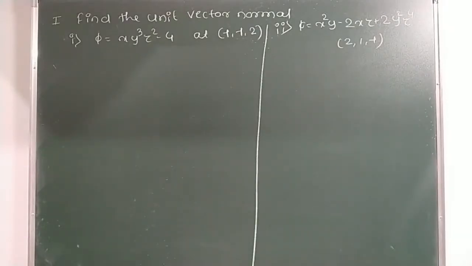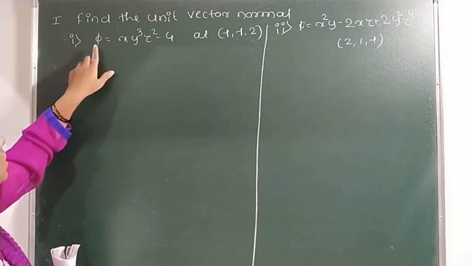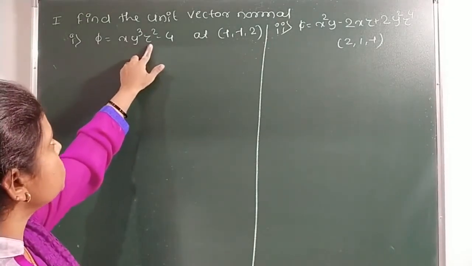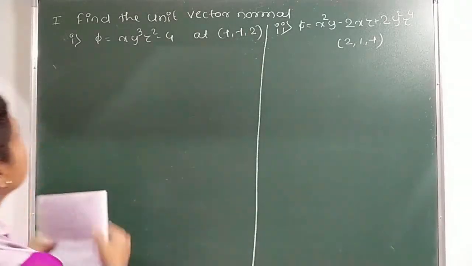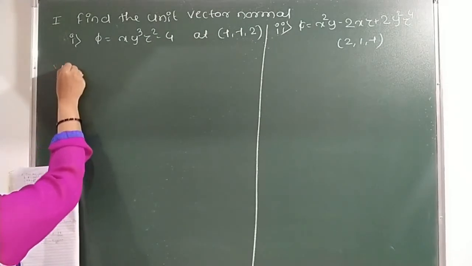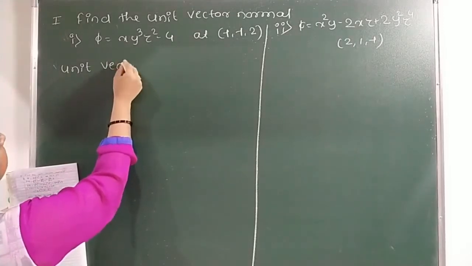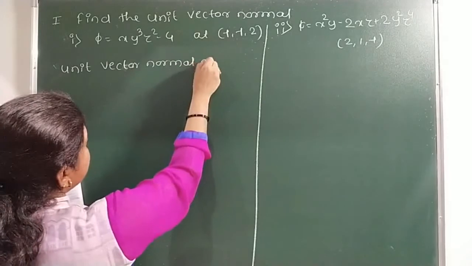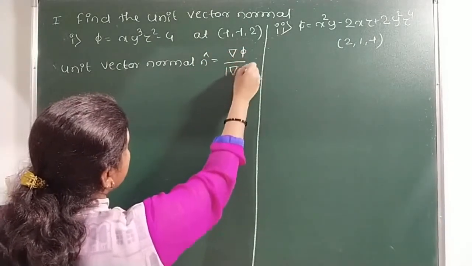The first topic: if they ask a question, find the unit vector normal. In that they will give phi, a scalar quantity, x y cube z square minus 4, at the point (-1, -1, 2). First we have to write the unit vector normal formula: n cap is equal to del phi divided by mod del phi.